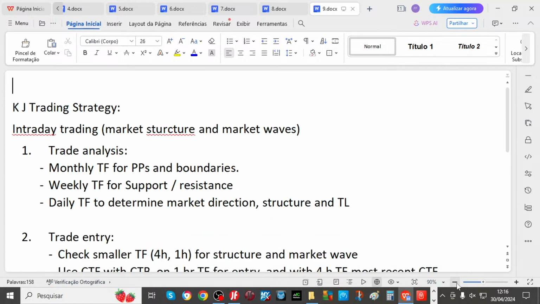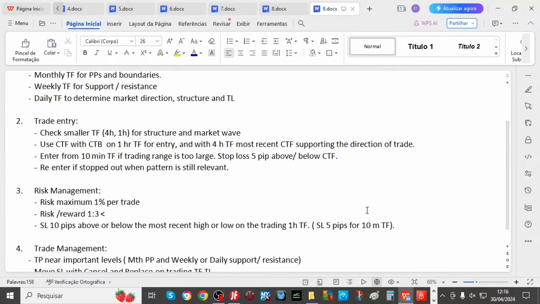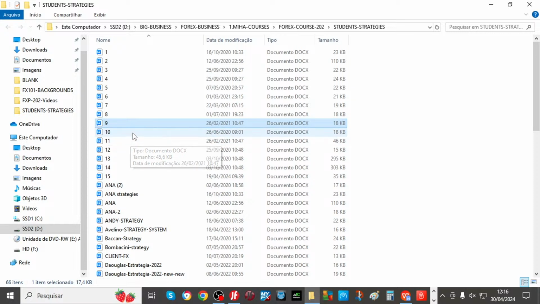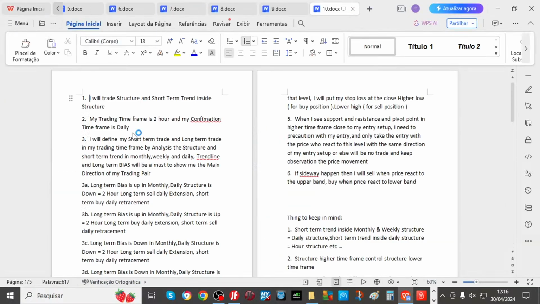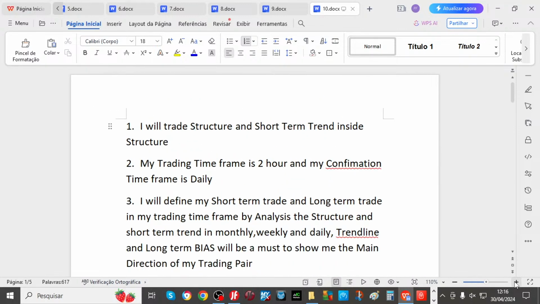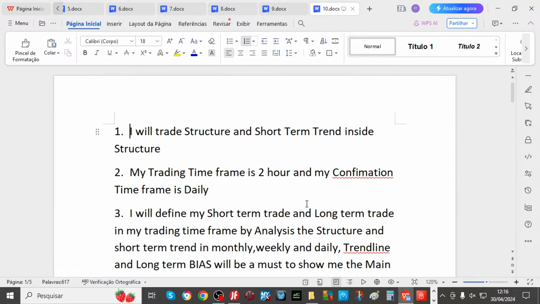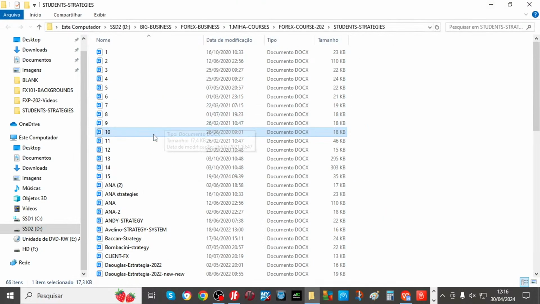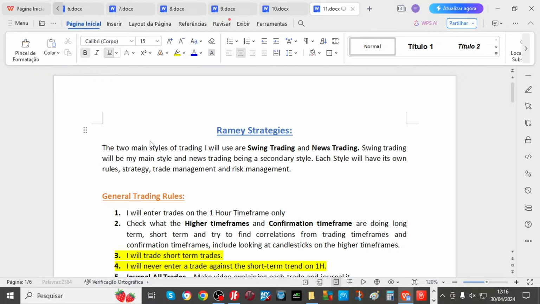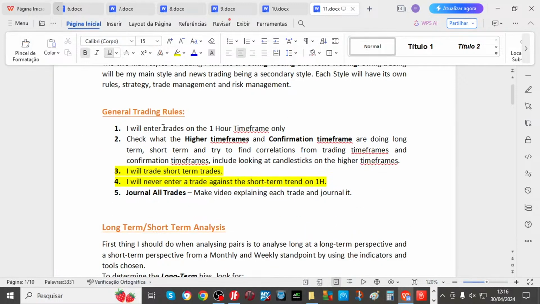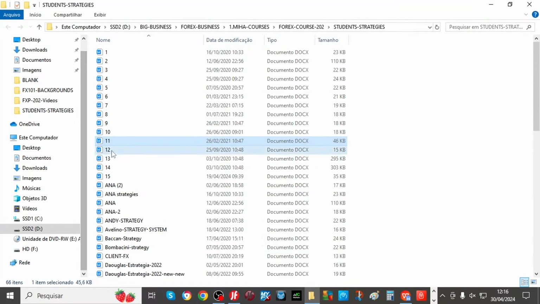Number 9. Alright. Number 10. I will trade structure and short-term trends. Okay, we'll define. Alright. 11. General trading rules. I will enter the trades. 12.